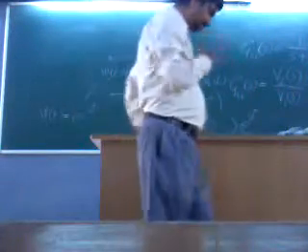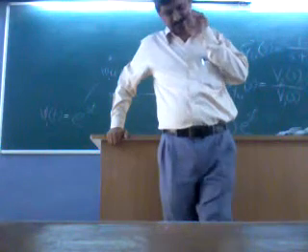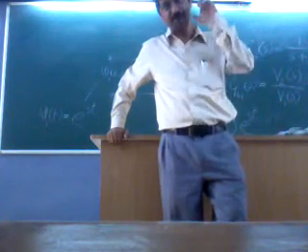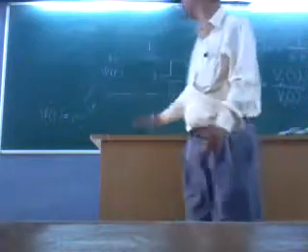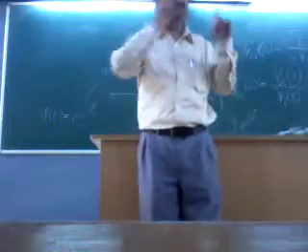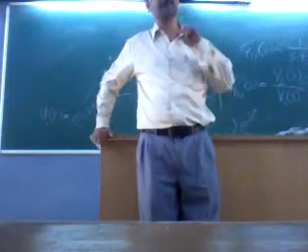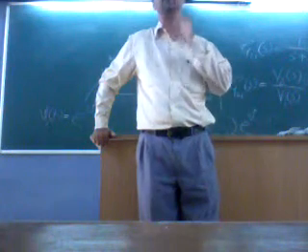So the Laplace transform of output upon Laplace transform of input is the same as this. By both ways we can reach there. The question is how you will convince yourself that both ways are equivalent.